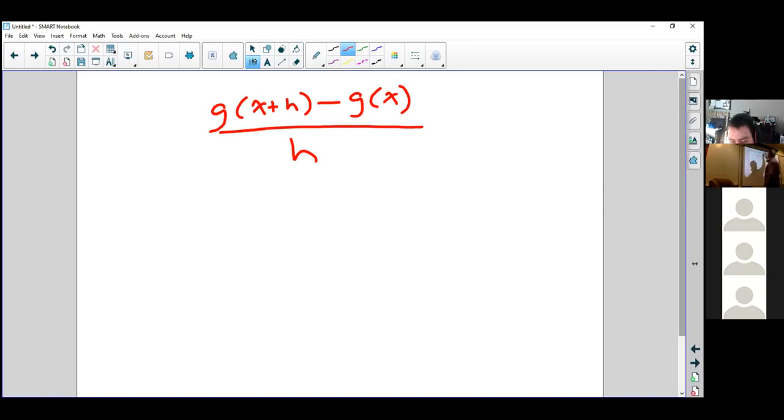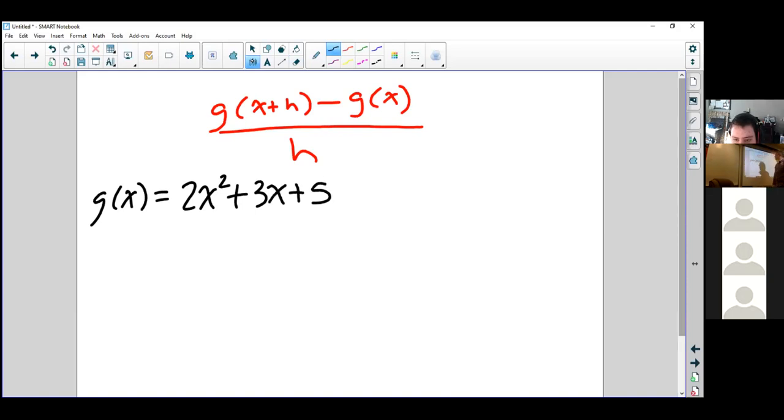Now, we might give you an equation that looks like this. Oops, can't be f of x because we're using g of x. So g of x is equal to, let's go with 2x squared plus 3x plus 5. Okay? So this one has a little bit more meat and potatoes to it than the original. Agree? But we're not going to let it panic us.